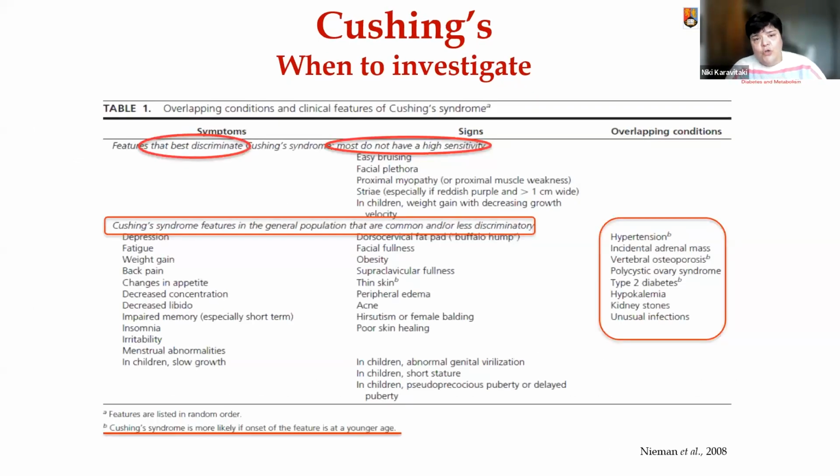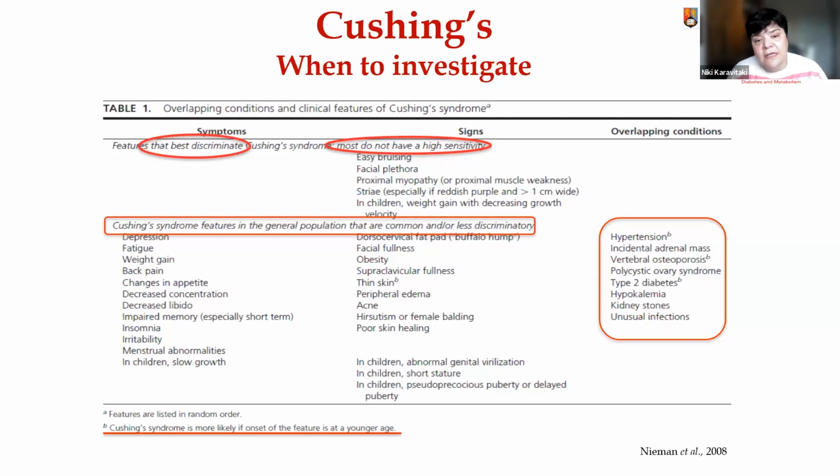So coming to the question of when to investigate based on clinical manifestations, the Endocrine Society a few years ago published guidance, and this is a table in which we can see the features that best discriminate Cushing syndrome, which, however, we have to emphasize, mostly do not have a high sensitivity, but best discriminate.